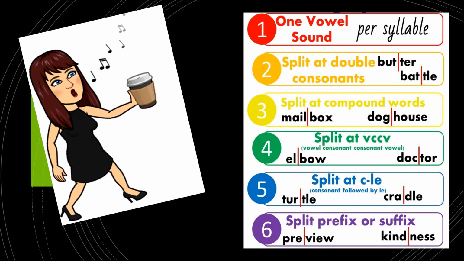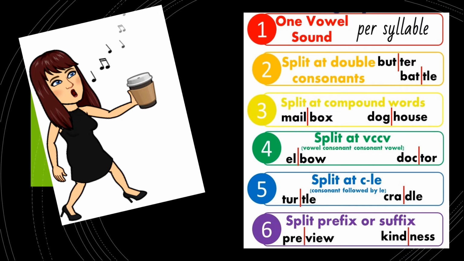Then we have rule 4, split at VCCV, so vowel consonant consonant vowel. So we split elbow at el, bow, and doctor, doc, tor. Rule number 5 is split at C-LE, so the consonant followed by LE. Turtle becomes tur, tle.